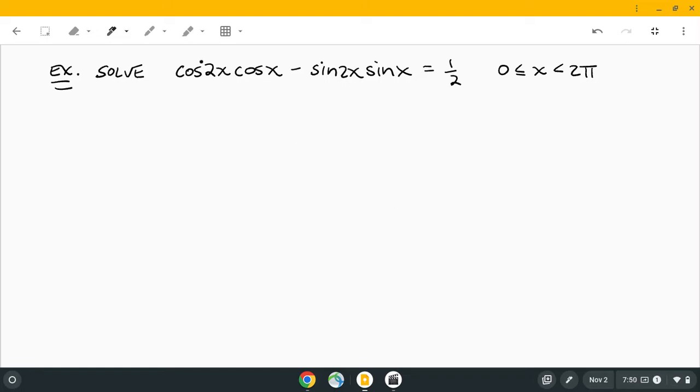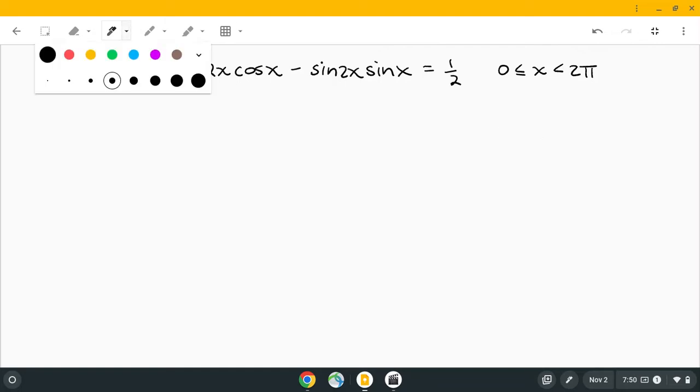Here, we've seen this structure, this format, before.